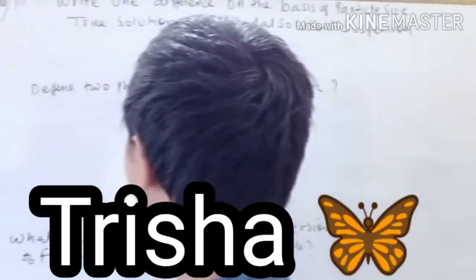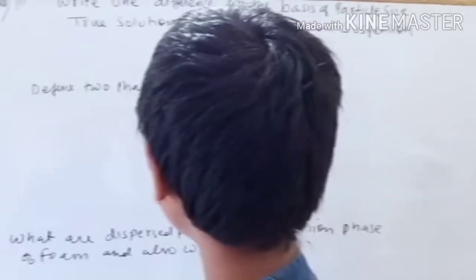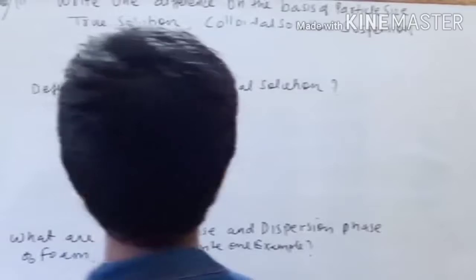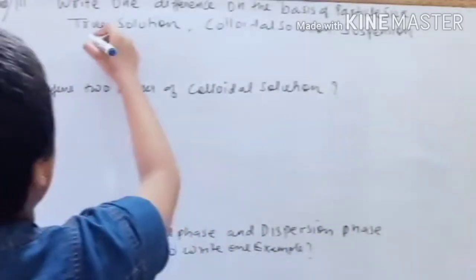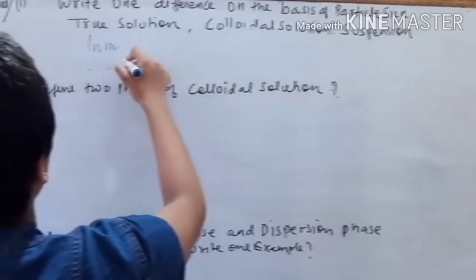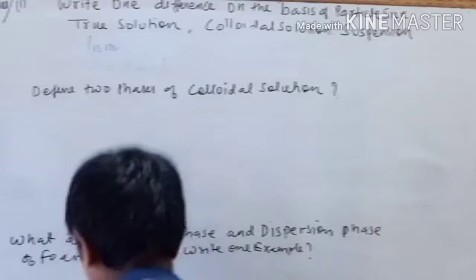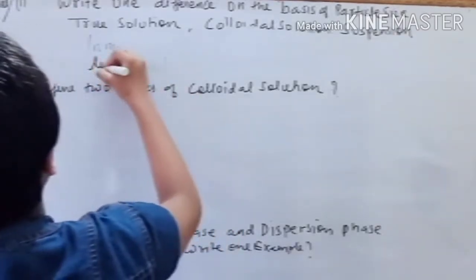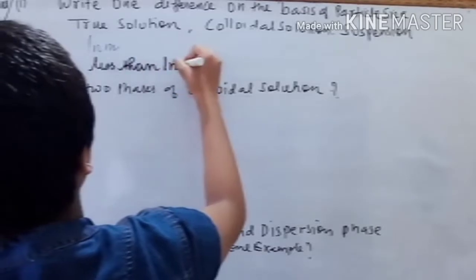Write one difference on the basis of particle size between true solution, colloidal solution and suspension. True solution is less than 1 nanometer.